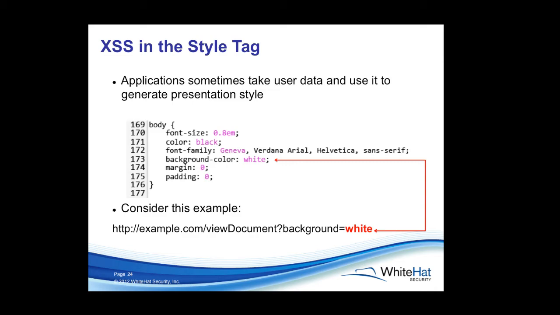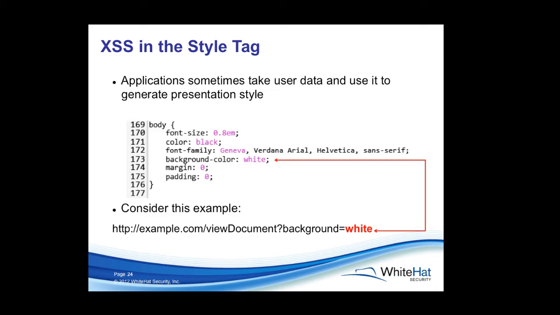So to really stop XSS here, we want to do really strict validation, or we want to design around this feature. For example, if we want the user to pick a background color, we may do that on the client where they can pick from a list of safe colors. We'll dynamically modify the client without even going back to the server.